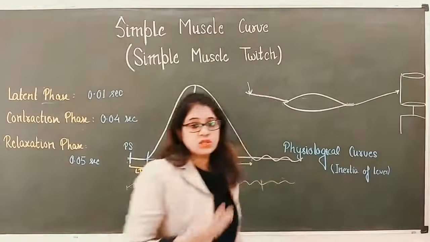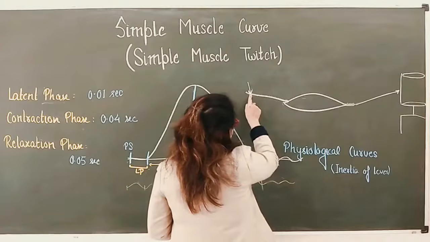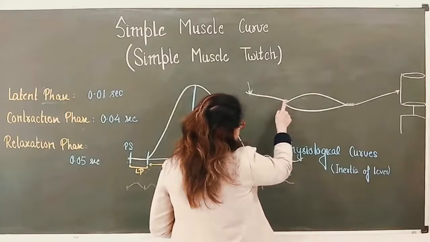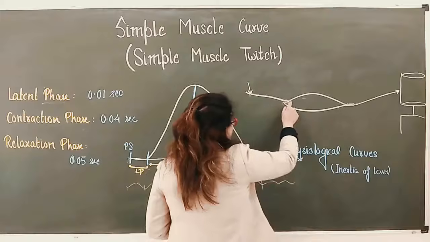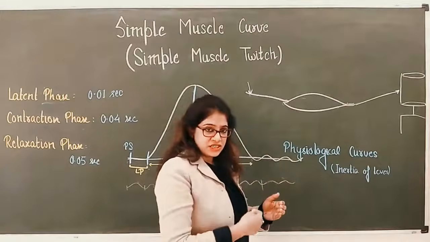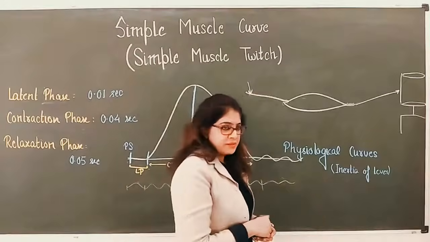So what are the causes of latent phase? Let us see. First, the time taken by impulse to travel from point of stimulation till the neuromuscular junction. Then time taken at the neuromuscular junction, means the events which are taking place at the neuromuscular junction, like release of neurotransmitter, entry of sodium ions and all that.